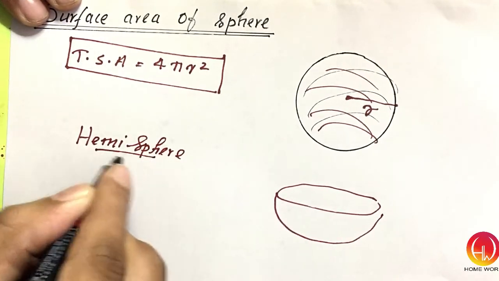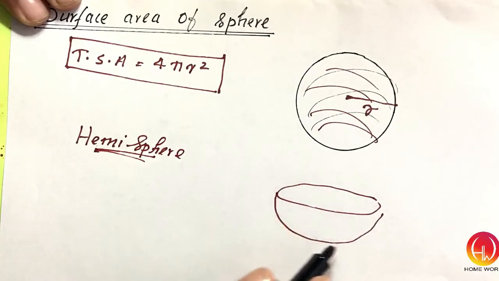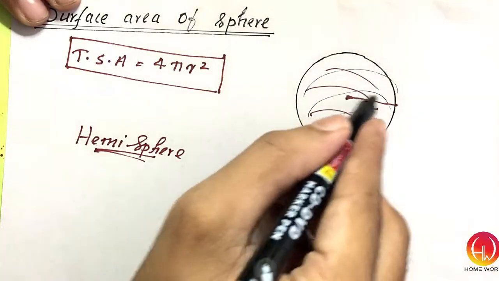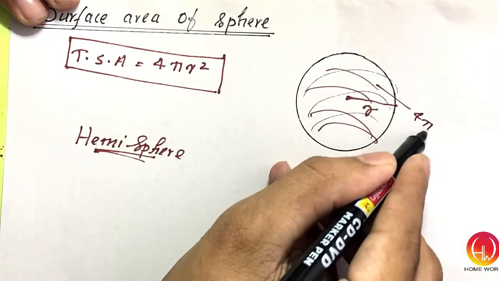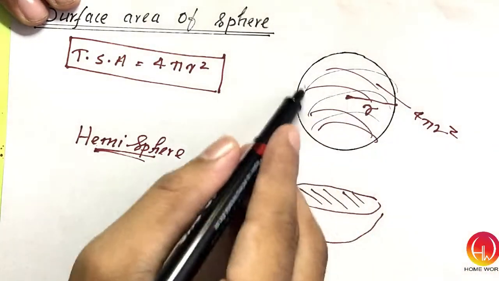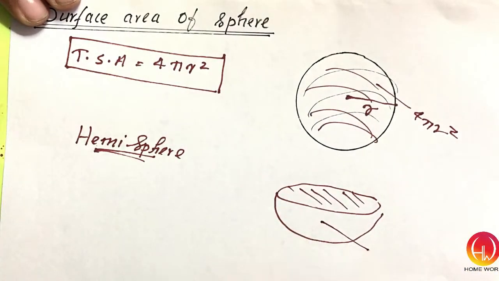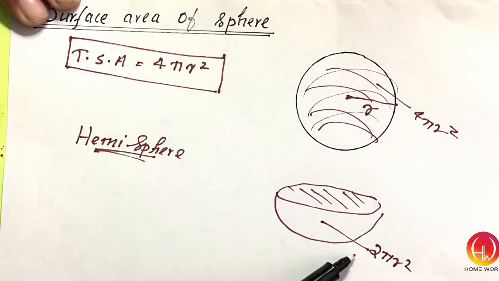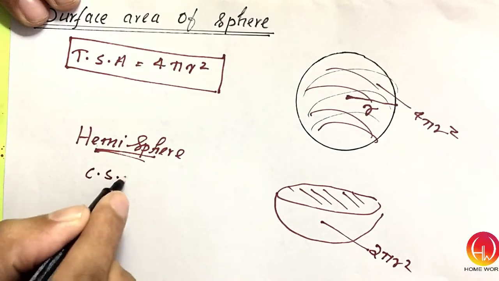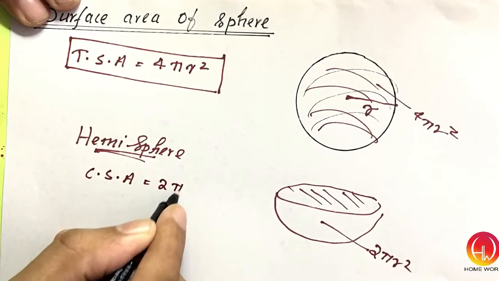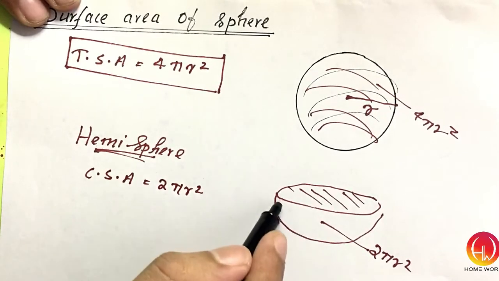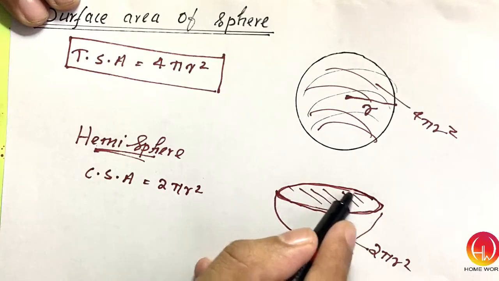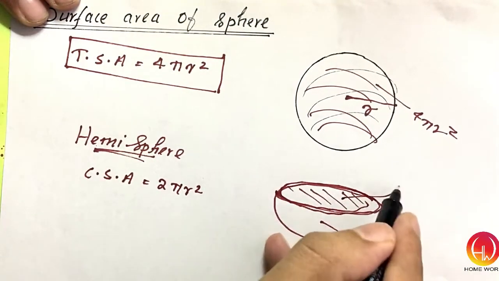Okay, then we know this shape is not the same, it has a base, so it has also a CSA. Total is 4 pi r square, and if we divide this into 2 equal parts, this portion is 2 pi r square. That is the CSA of hemisphere. If we add base area into this CSA, it is a circular shape, so its area equal to pi r square.